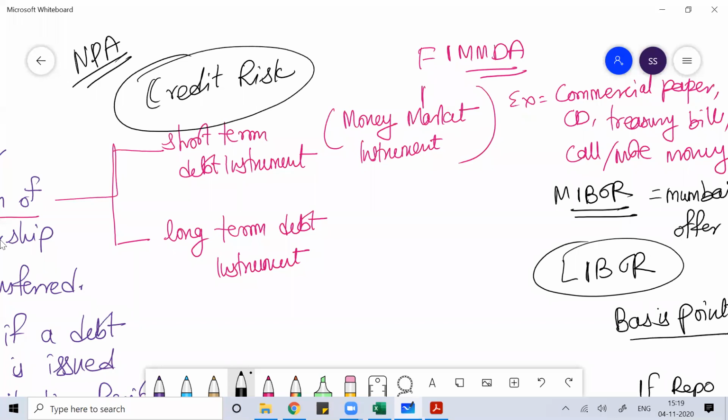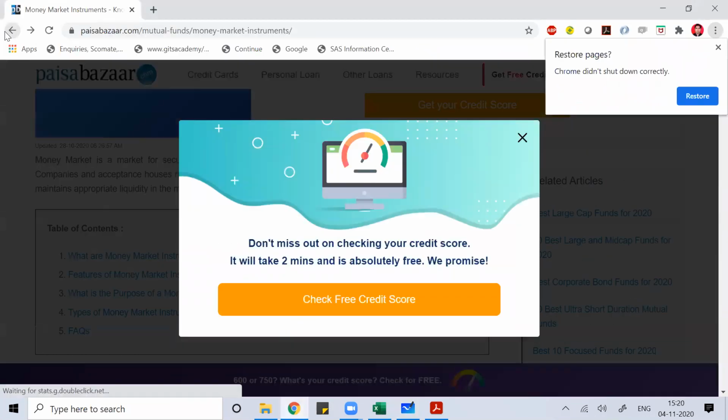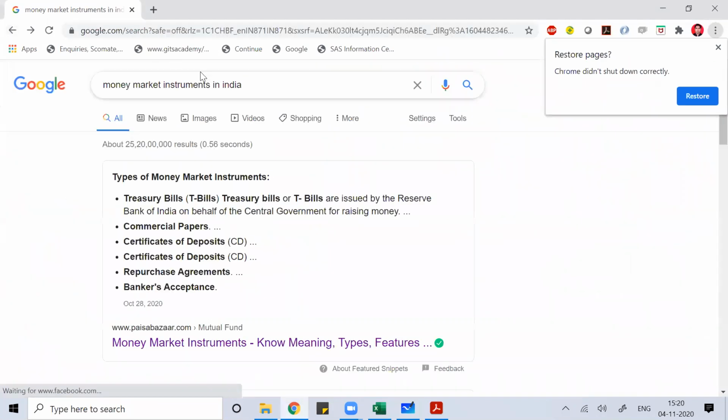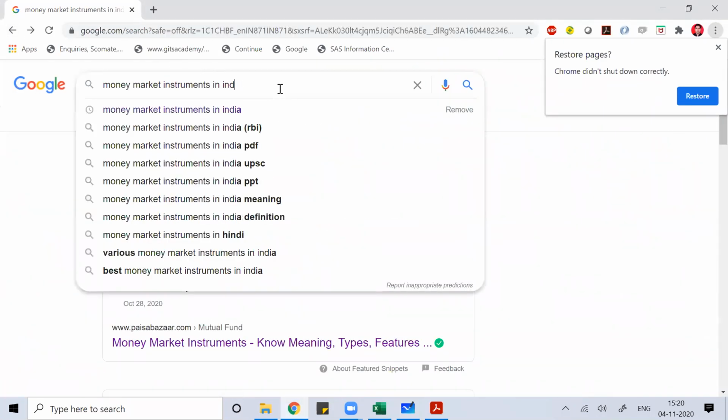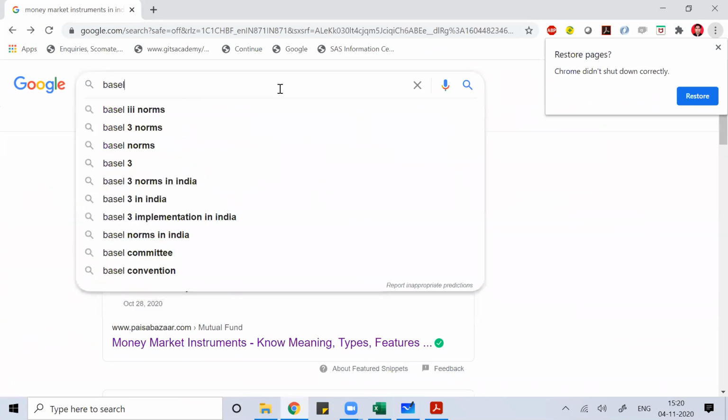At the same time, financial institutions around the world have discussed many times the reasons why an institution can default. So they came up with something called Basel norms. You should know about Basel norms. As a student of finance, you should know about Basel norms.